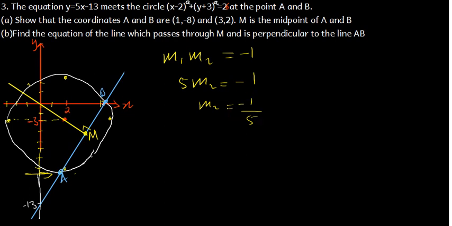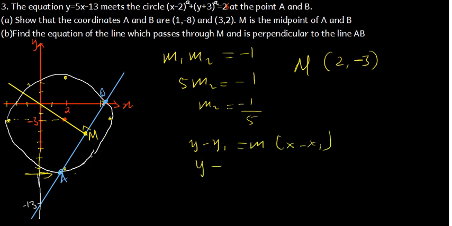Now we already found the coordinates of M. We found that M was 2 comma -3. So we can find the equation of this line which is passing through here. And how do we find the equation? y minus y1 is equal to m times x minus x1.